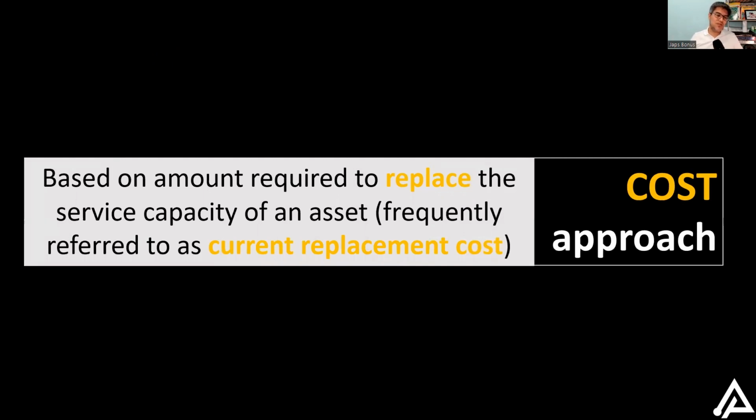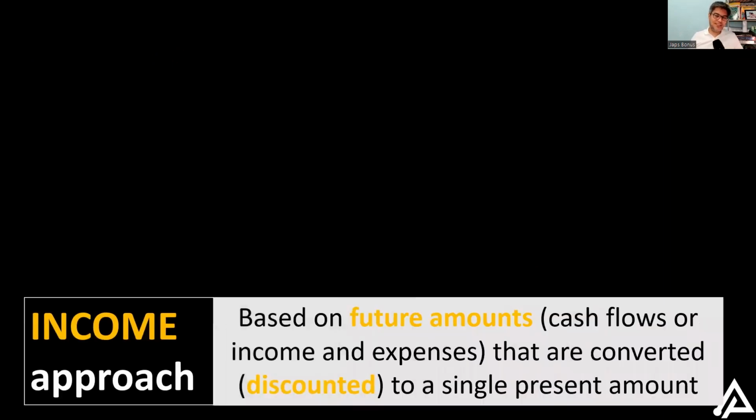So frequently referred to as current replacement cost. Income approach is looking at the fundamentals, the future amounts of cash inflows and outflows that are generated by the asset and then converted or discounted back to a single present amount.